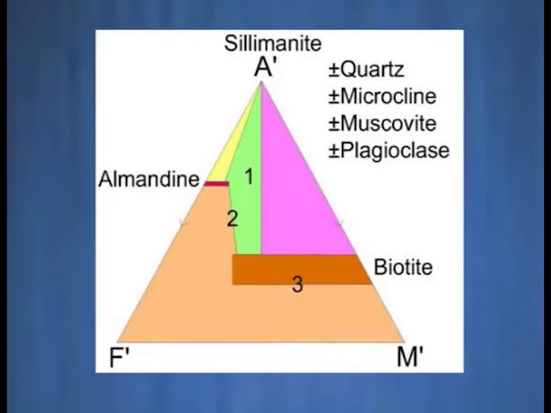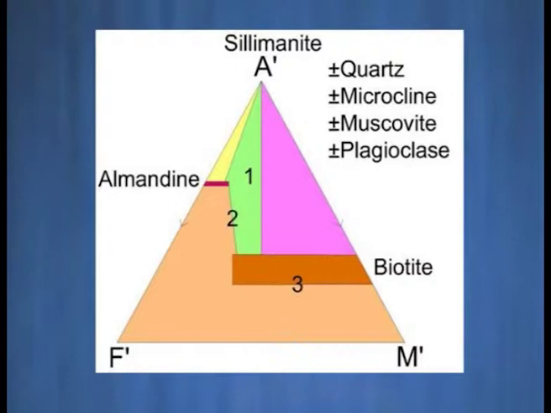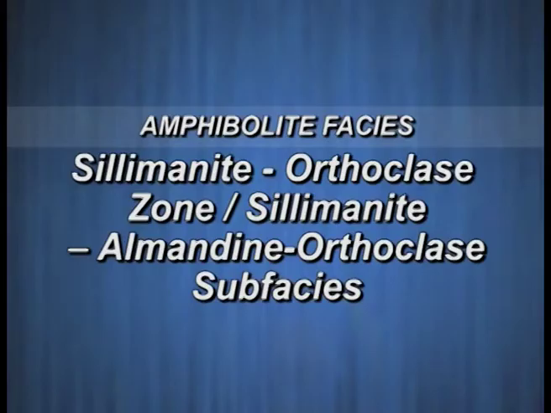The important mineral assemblages, the typical pelitic assemblages, are number 1, sillimanite, almandine, biotite, muscovite, quartz, plus or minus plagioclase. Second is sillimanite, almandine, plagioclase. And third important assemblage is almandine, biotite, muscovite, quartz, plagioclase.